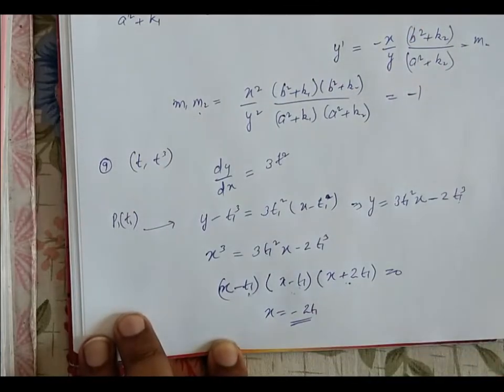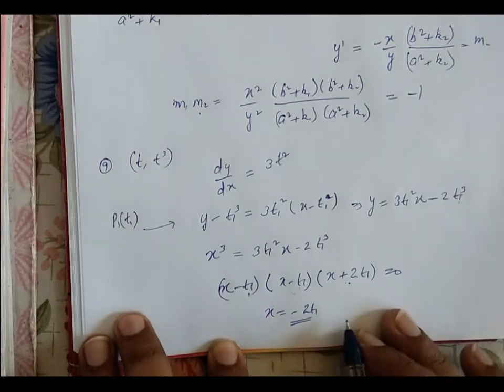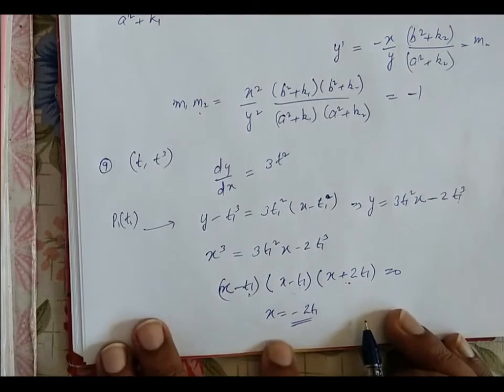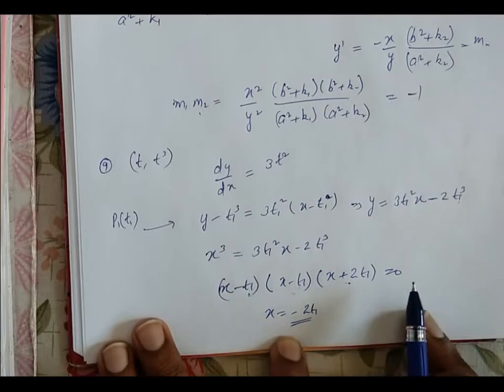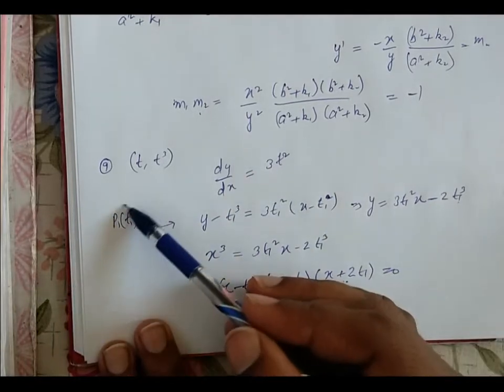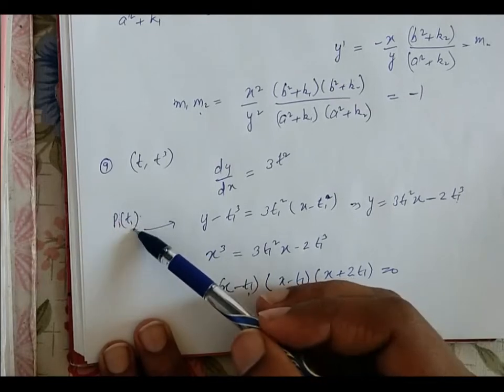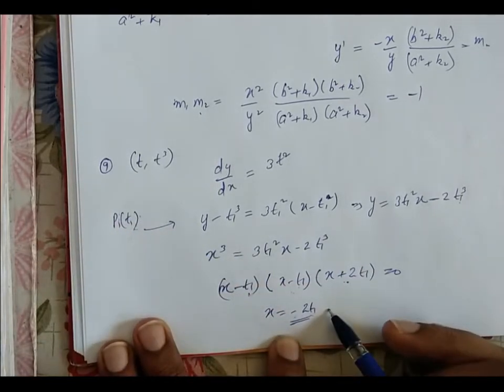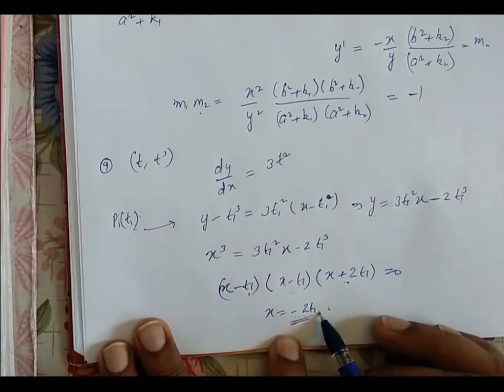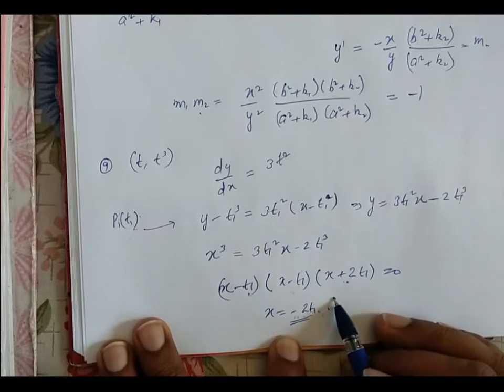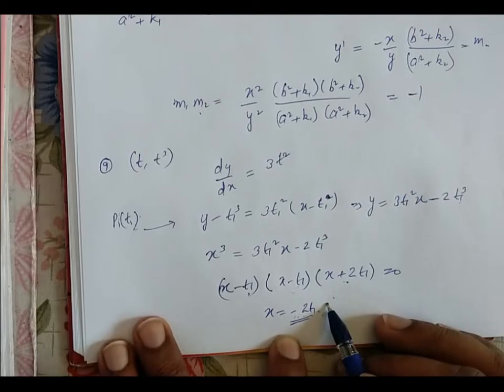Okay, now what we need to do is prove that P1, P2, P3 and so on form a GP. So we can see that if the tangent at t1 intersects the curve again, it gives us minus 2t1. And if the tangent at minus 2t1 intersects the curve again, it would give us 4t1. Hence, P1, P2, P3 would form a GP.